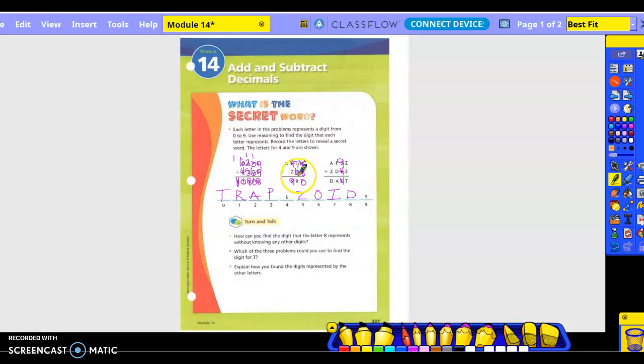Or 7 minus 6 is 1. Does that make sense? Okay, Z we said was 5. So then this would have had to become a what? A 14. And so this was a 1 and became a 0, right? Okay.